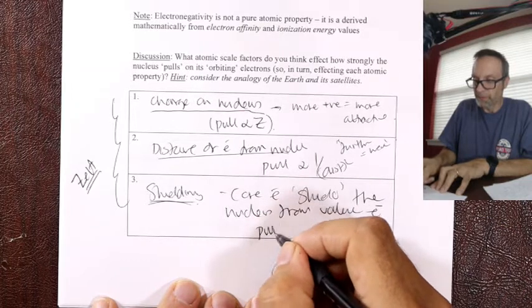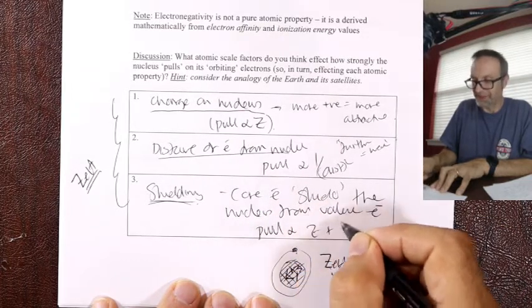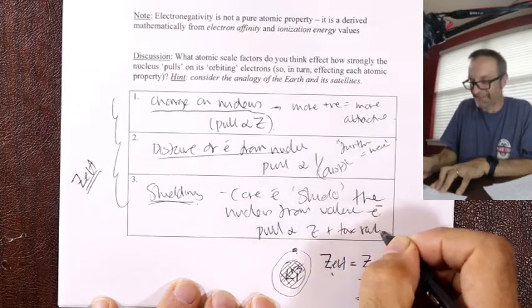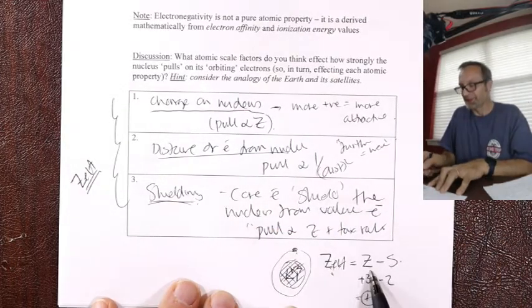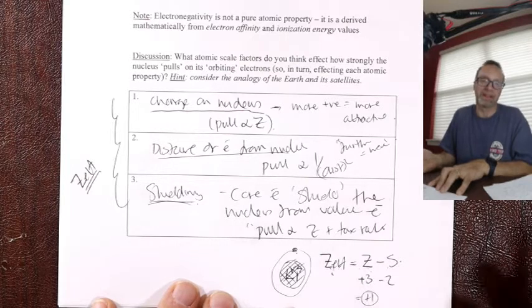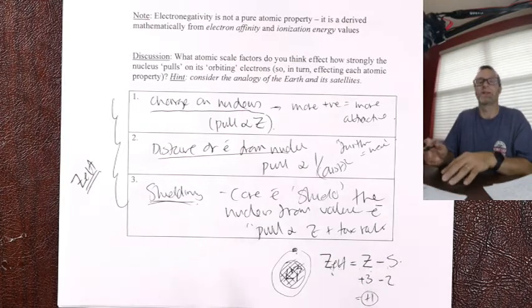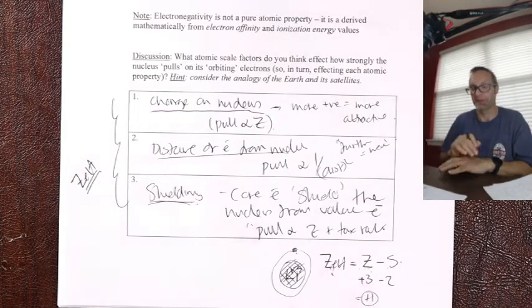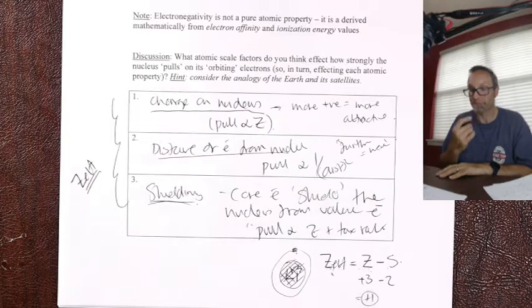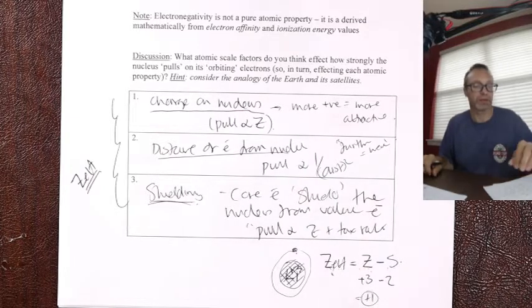So the pull is proportional to Z minus the tax, if that makes sense. The effective nuclear charge, the pull, equals your gross pay minus the taxes. The shielding electrons cut off some fraction of the attractiveness because they're shielding the nucleus. It's a weird concept, but it's a real concept.